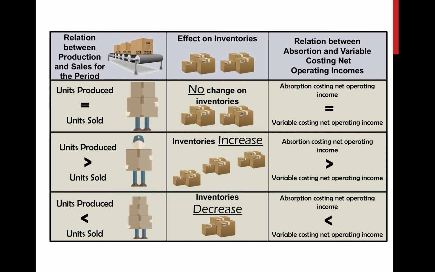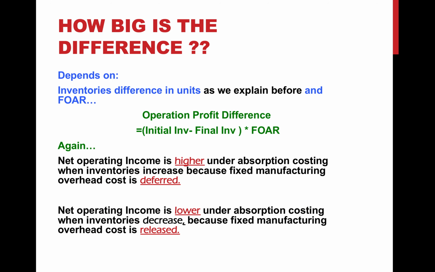Exercising this with numbers in class is going to be better for a full understanding, but keep this idea. This slide is one of the most important to understand this topic, guys.